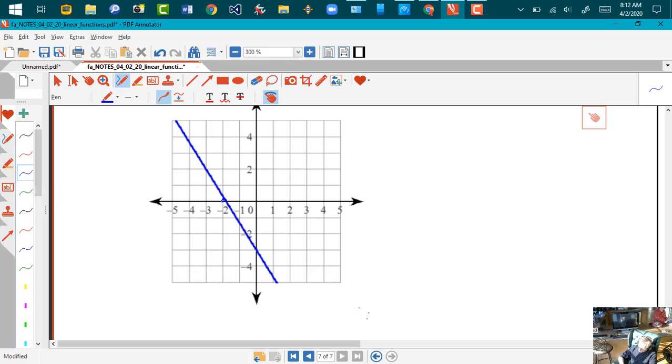To find the slope of a line, you can write the coordinates of 2 points and use the slope equation, or you can count rise over run and figure it out by counting as you move from one point on the left to another point on the line in the positive direction on the x-axis.